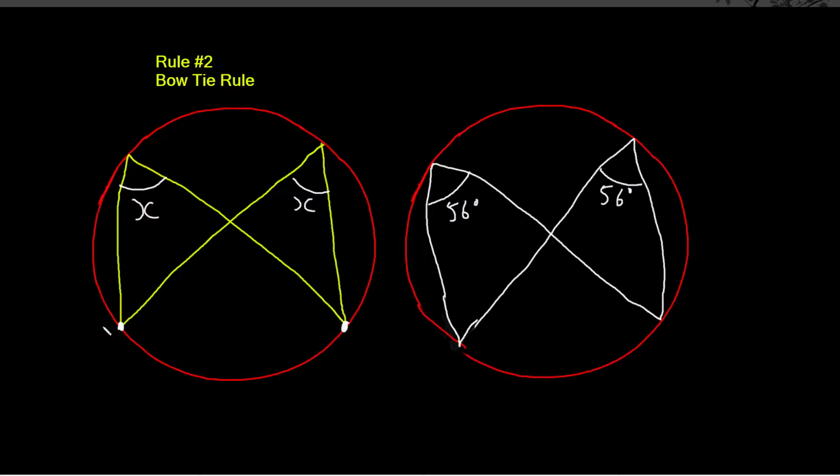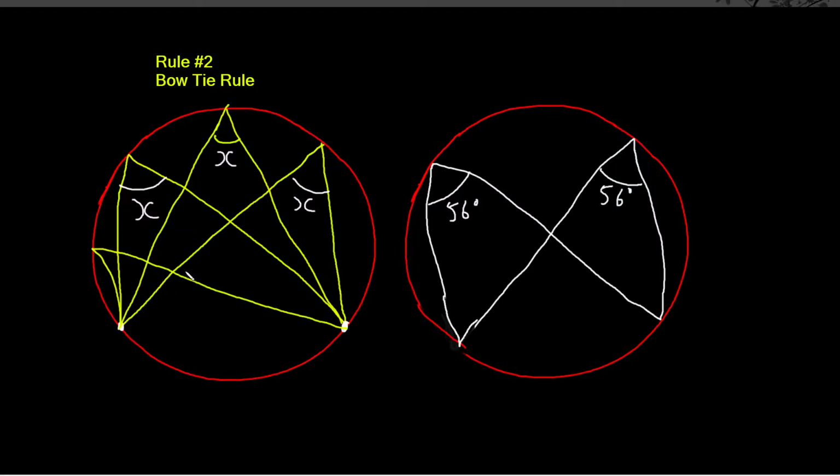Now, like I mentioned just now, it has to come out from the same two ends of your circumference. So if I were to draw another one like this, then this angle would be x as well, so would this angle here. It doesn't matter where it lands on the circumference.